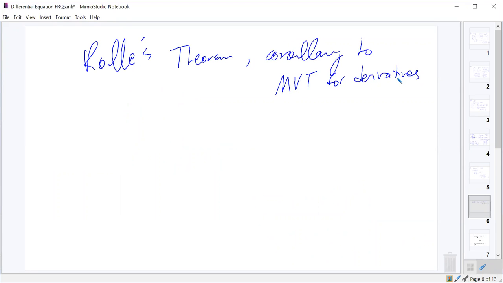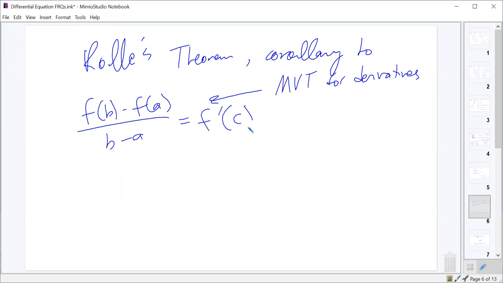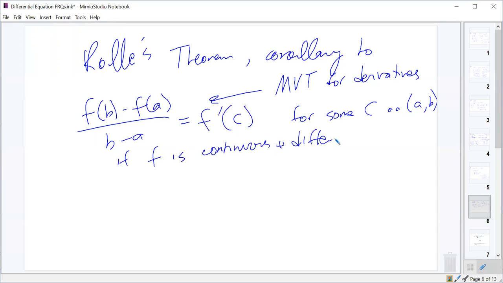The mean value theorem says that if you look for the average rate of change, (f(b) minus f(a)) over (b minus a), on an interval, it is equal to the instantaneous rate of change at some c on the interval a to b, if the function is continuous and differentiable on the entire interval. So that's the mean value theorem, right?